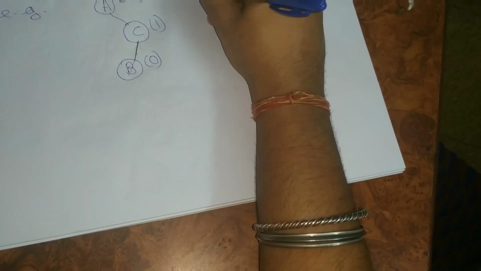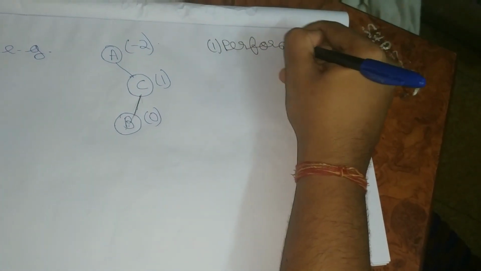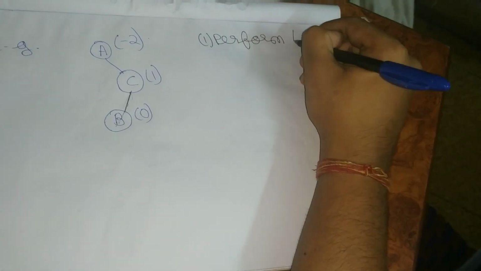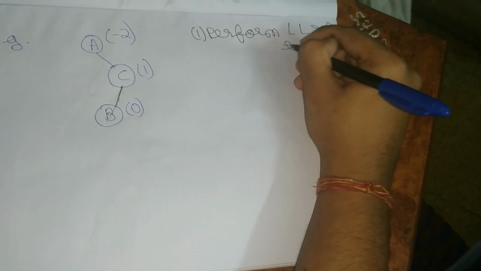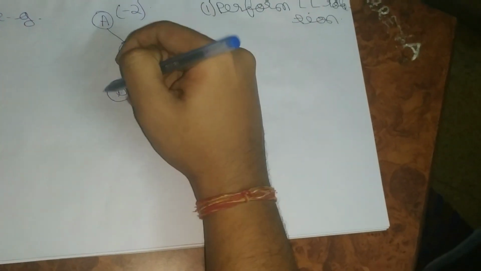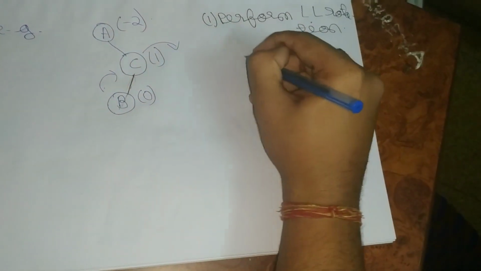So first we will perform L rotation, which is from left to right. So here B will come here, and C will come here.